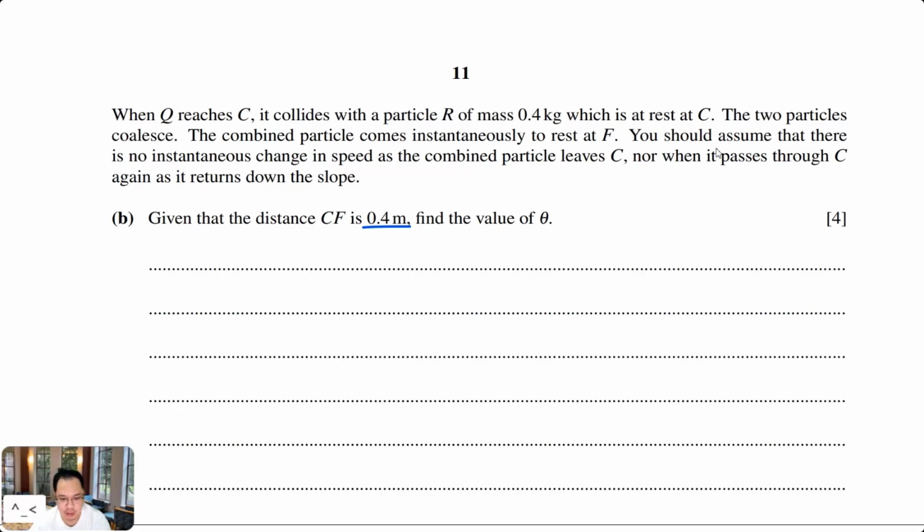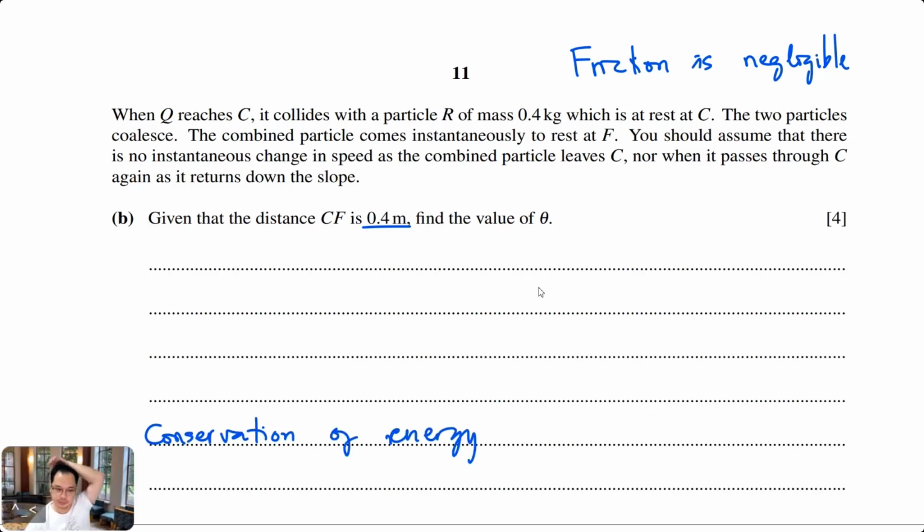The system, the two blocks stuck together, will decelerate, will slow down when going up the incline. Again, I need to emphasize that the friction is negligible, and therefore we can use the conservation of energy to find the relationship between the speed of the system at the bottom of the incline and the height it goes up to.